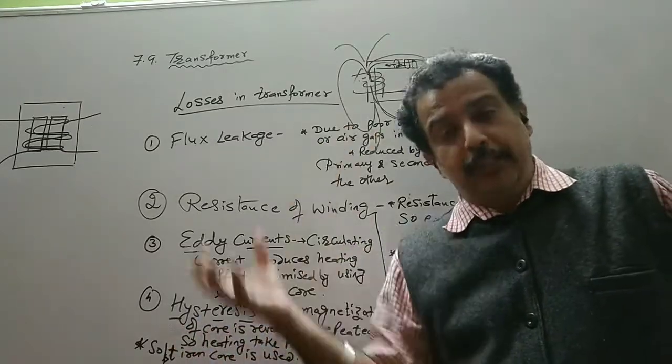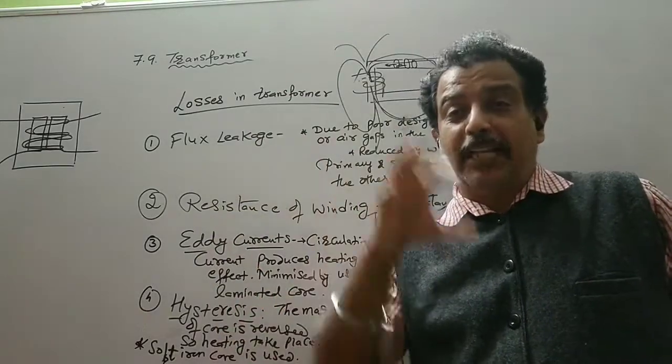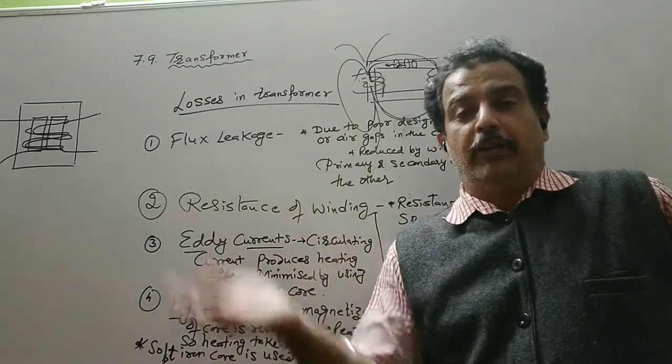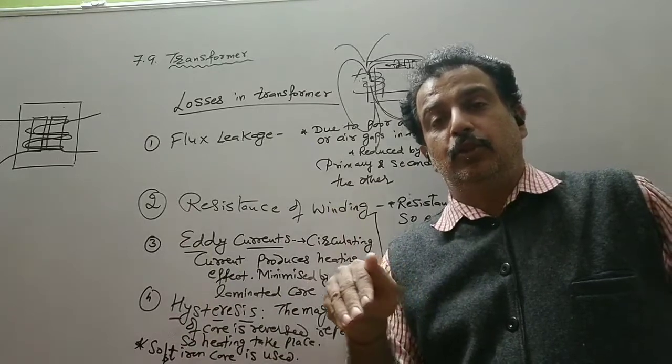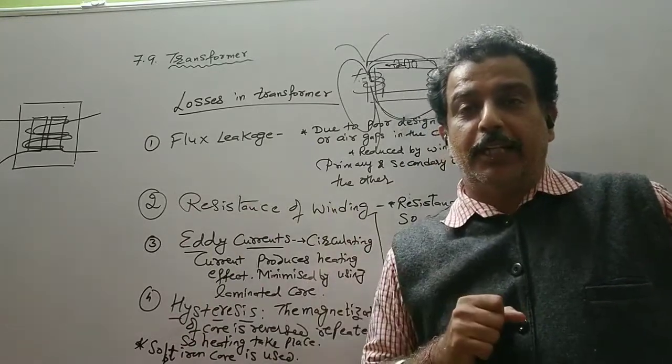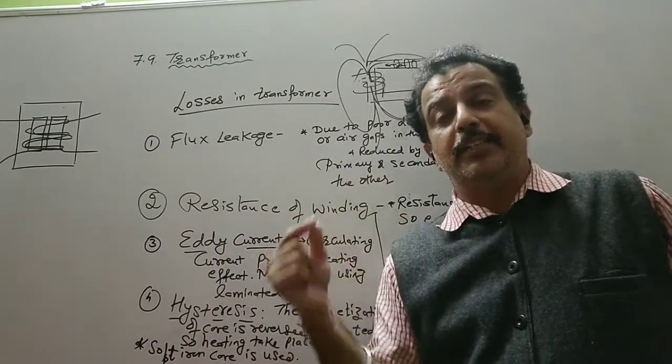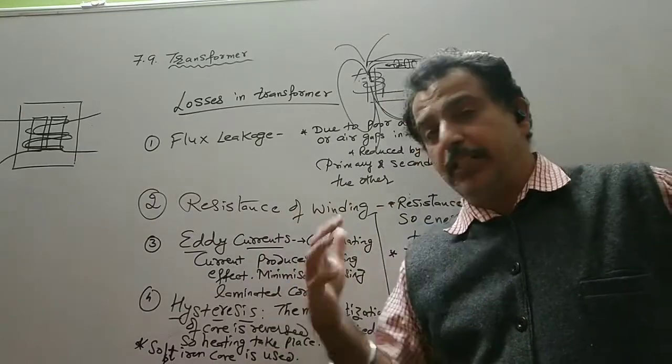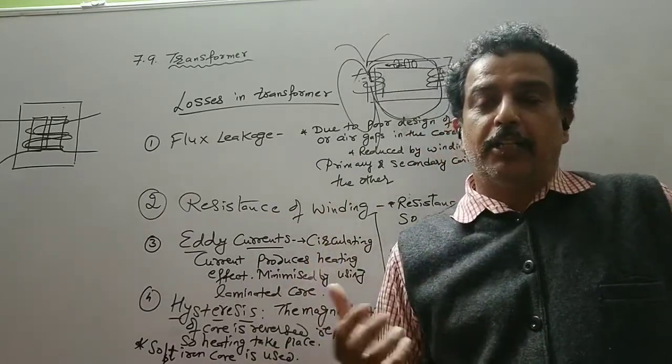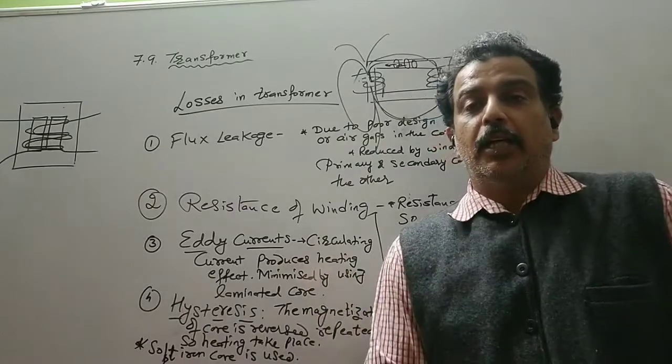If we use another material, it will take some time, because work has to be done on it to align the dipoles in the direction of the field. And this will generate a heating effect. Again the core or the transformer gets heated up.